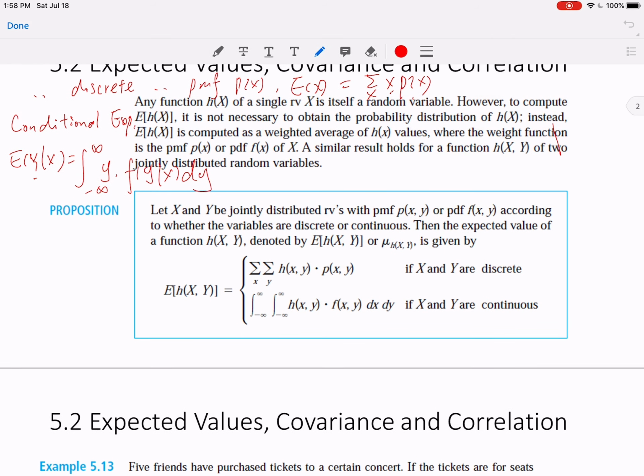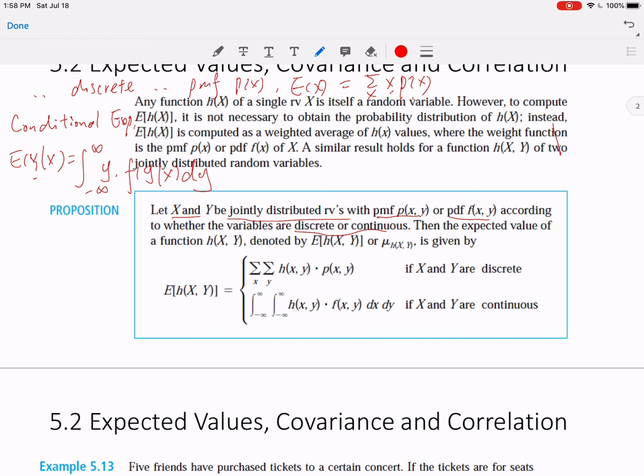Let's take a look at this proposition here. Let X and Y be jointly distributed random variables with a PMF p of x,y or PDF f of x,y, according to whether the variables are discrete or continuous.